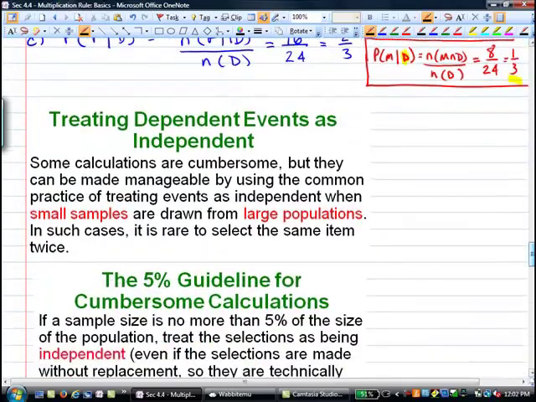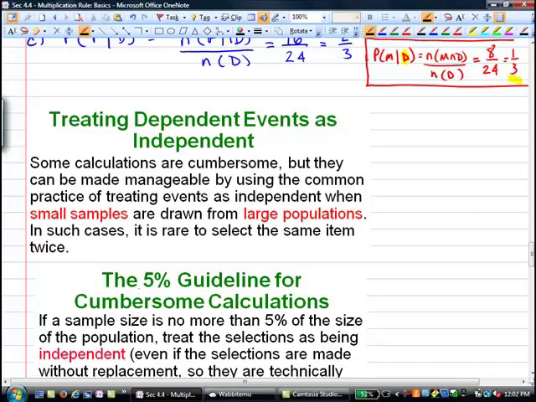Treating dependent events as independent. Even if events are dependent, sometimes we can treat them as independent just because we have a whole lot of things and the difference that it's going to make in the probability is insignificant. Some calculations are cumbersome, but they can be made manageable by using the common practice of treating events as independent when small samples are drawn from large populations.